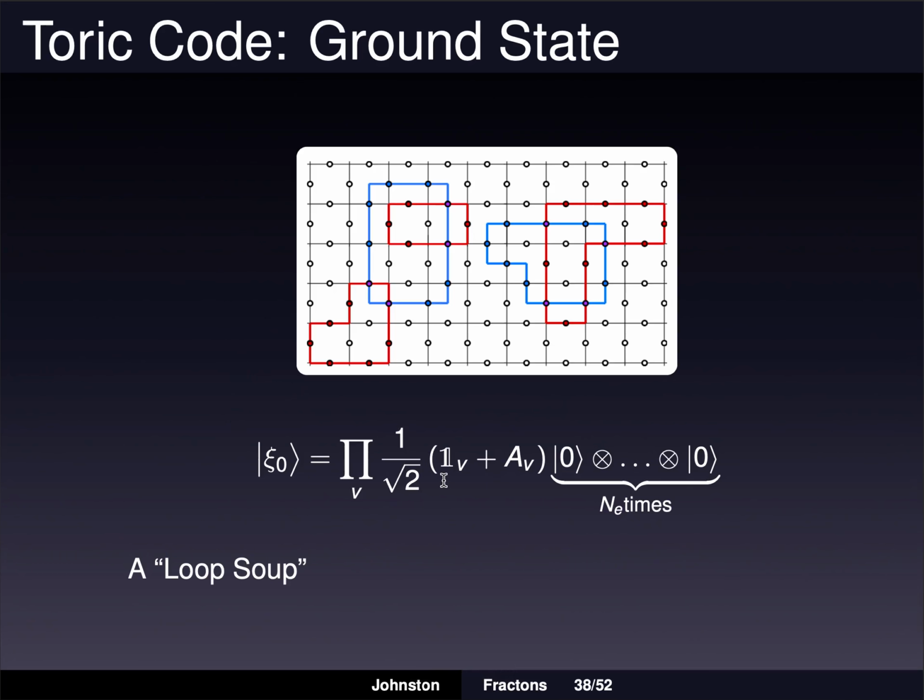So I've got to project out all of the configurations which don't minimize the vertex terms, and I do that with these factors in front of all of the zeros. So the ground state would be a product over all possible factors like this, taking account of the vertex terms, acting on these edge qubits, which are already in the ground state for the B terms. So this is a sort of loop soup, and it's a loop soup of closed loops.